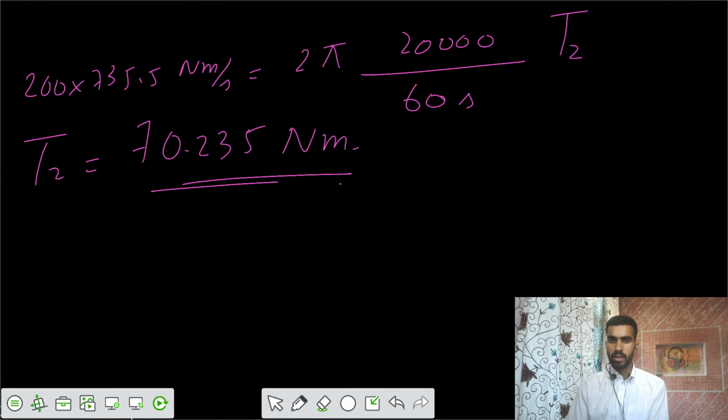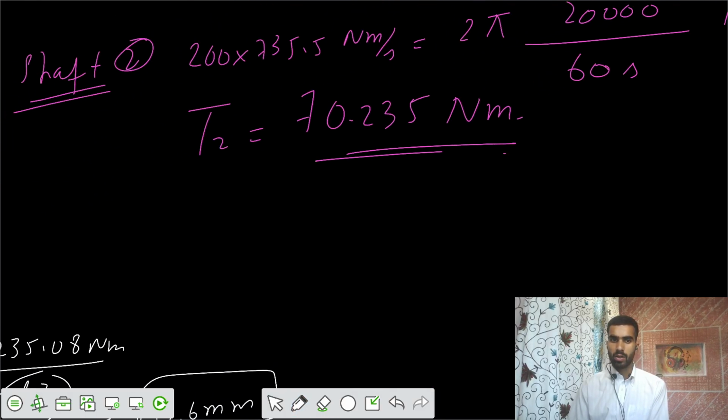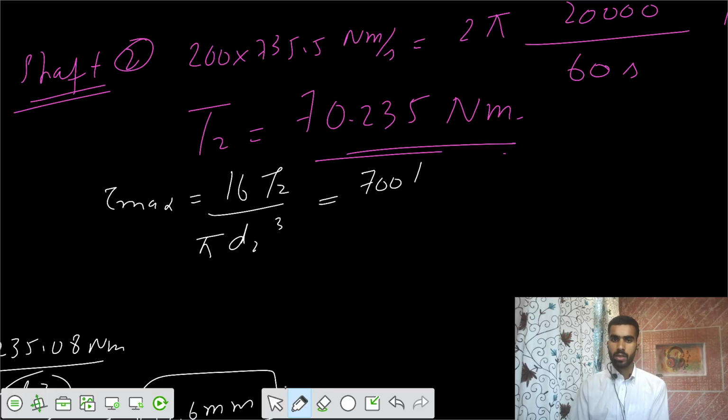And for the second case, you got the torque. I would write tau max equals 16 T2 by pi d2 cube. That equals some 700 kgs per centimeter square into g, also 9.81.